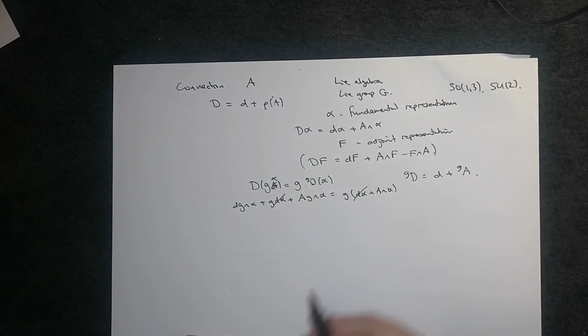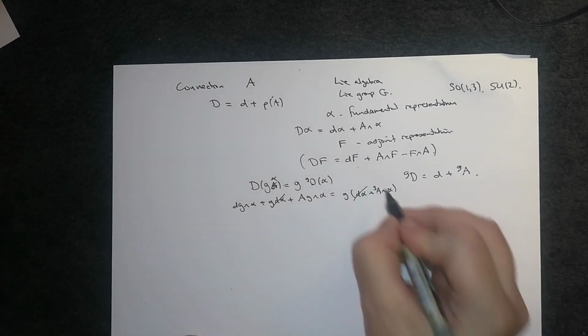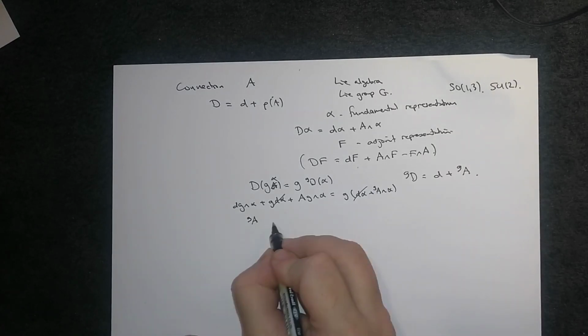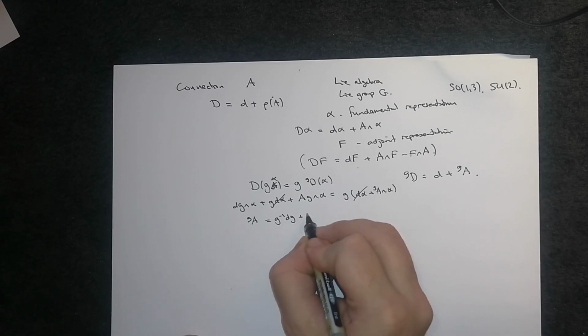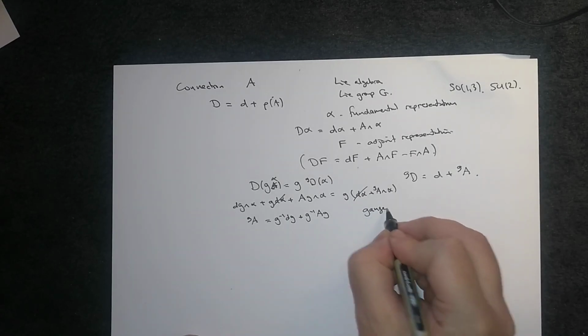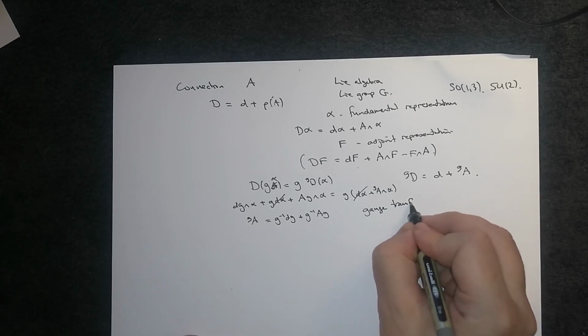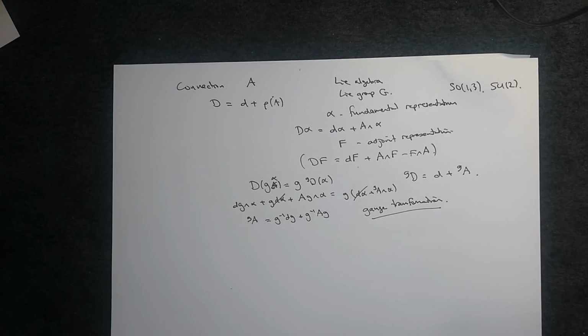Those cancel. And since alpha is arbitrary, put a G on it, A_G would be G inverse dG plus G to the minus 1 A G, and that's known as a gauge transformation. At least in physics.